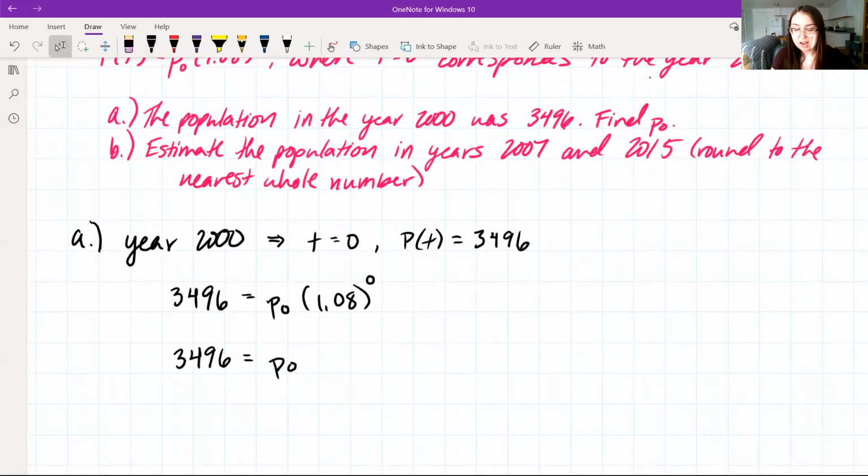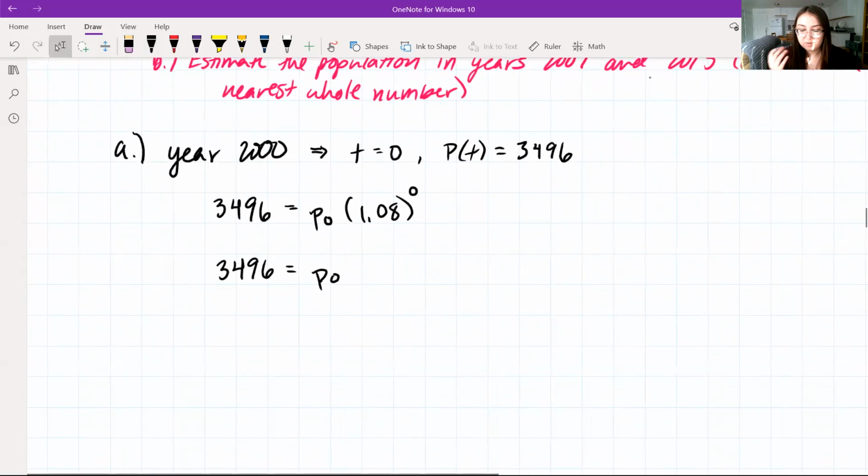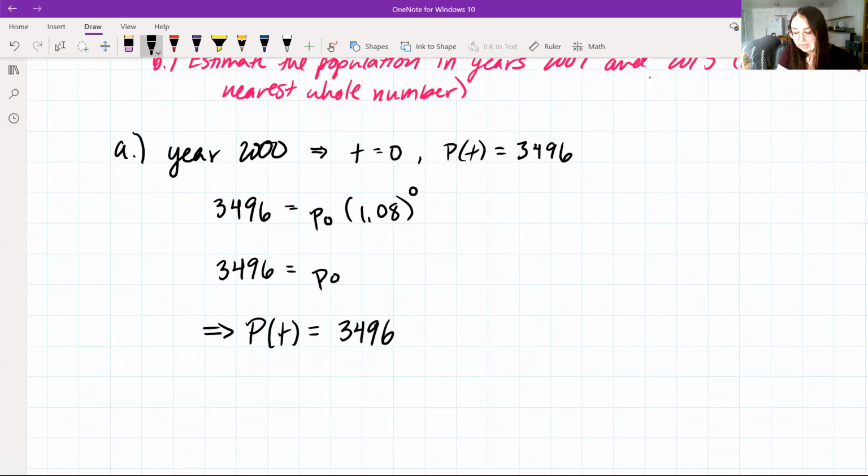So now we have that our original value is 3,496. So this tells us that our equation is now P of t is equal to 3,496 times 1.08 to the power of t.